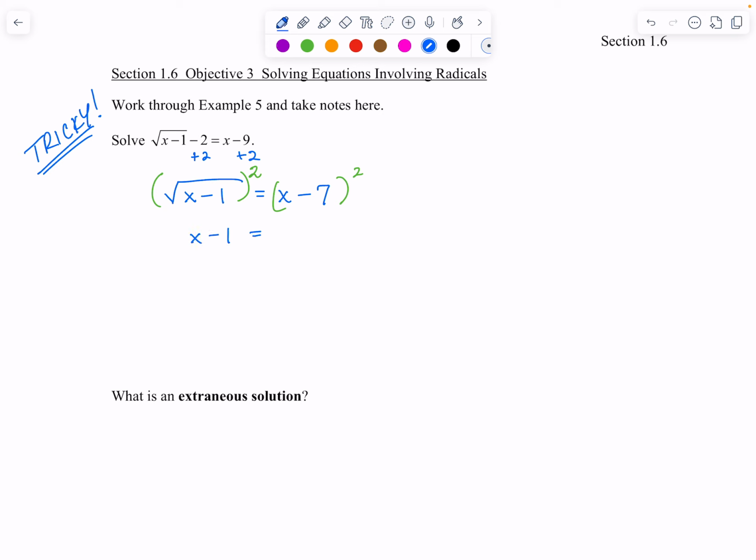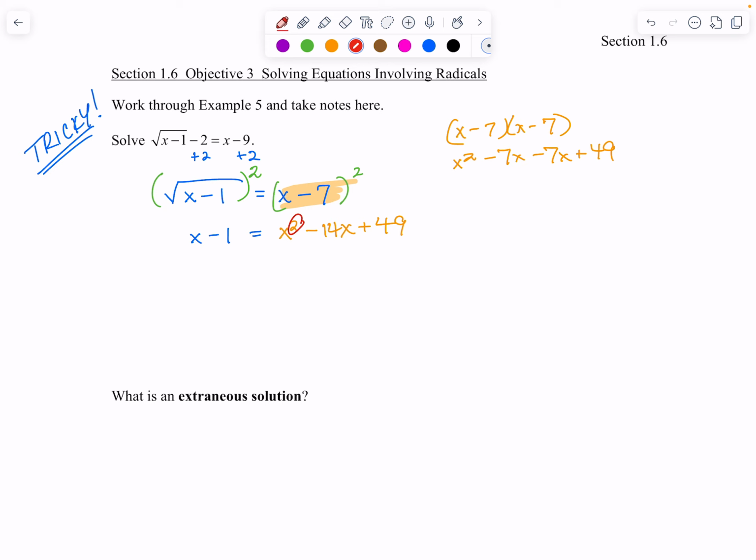And over here, I'm going to do this out to the side. x minus 7 times x minus 7 is x squared minus 7x minus 7x plus 49. So that's going to be x squared minus 14x plus 49.